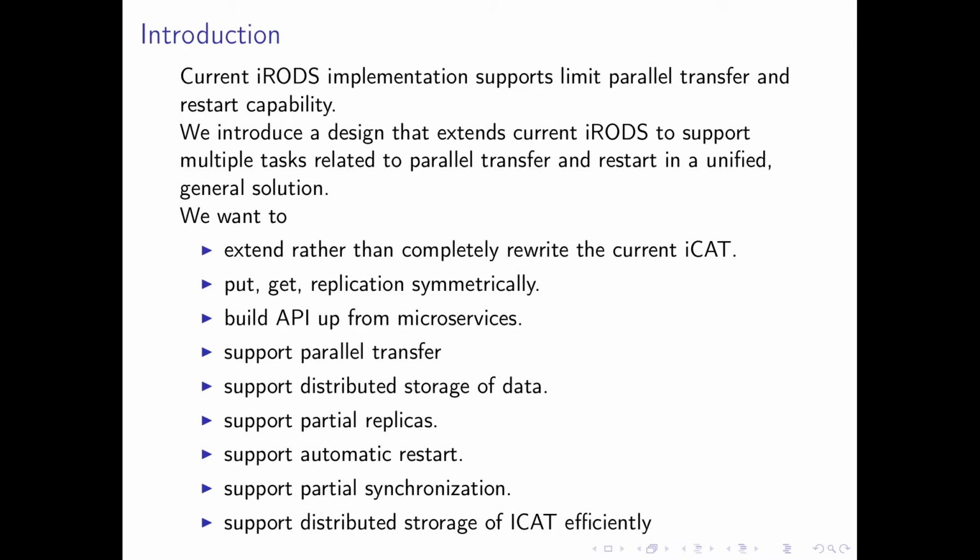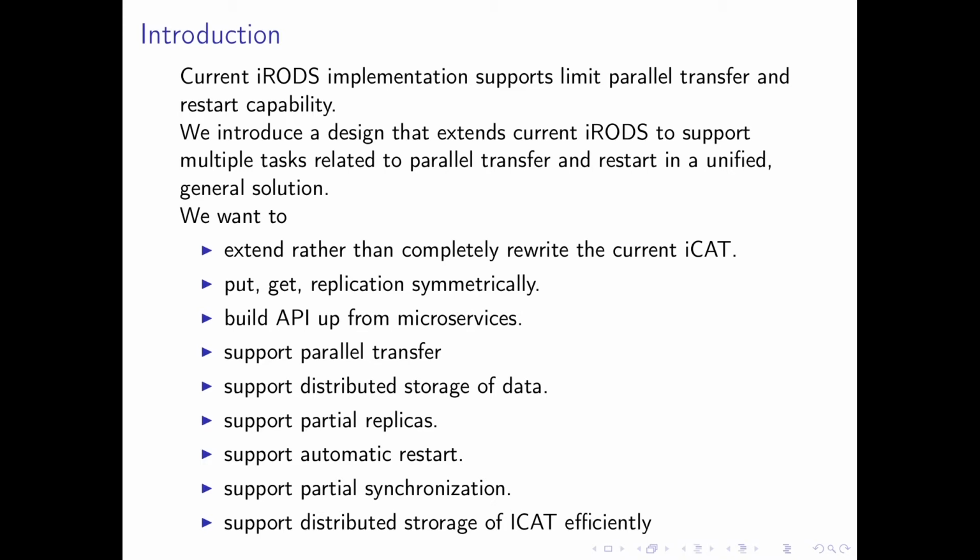We also want to build the API on top of small services instead of having large monolithic APIs. We want to support parallel transfer, distributed transfer, and parallel replication, all parallel and restartable. That's also a consequence of having that symmetry: if you make one thing parallel and restartable, the other two operations become parallel and restartable too.